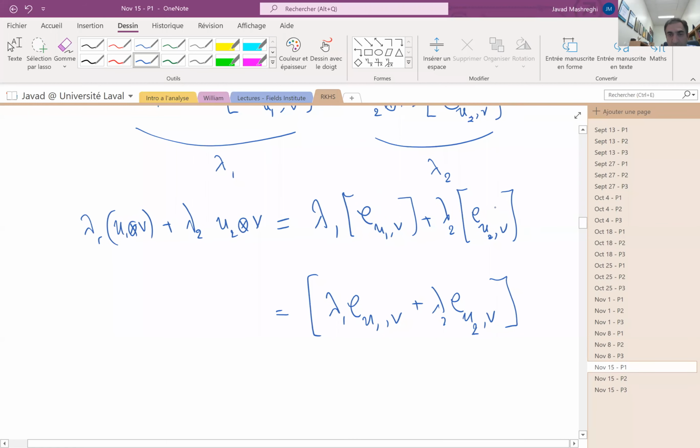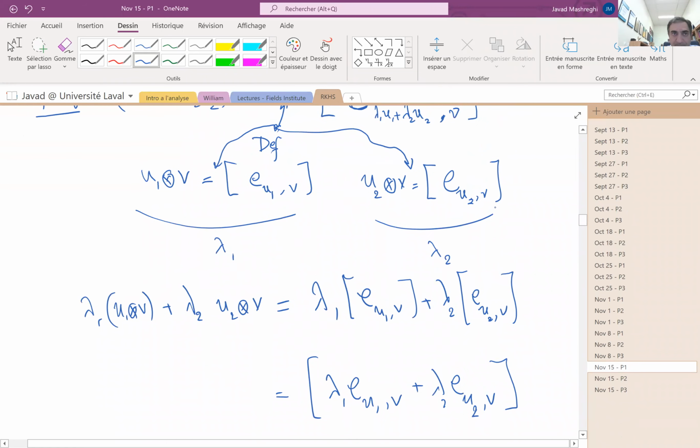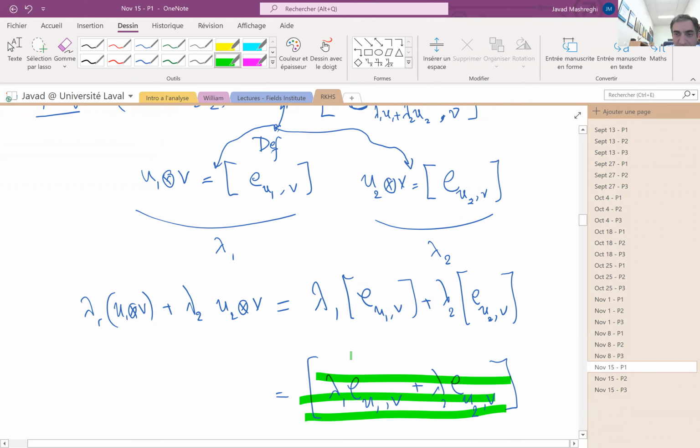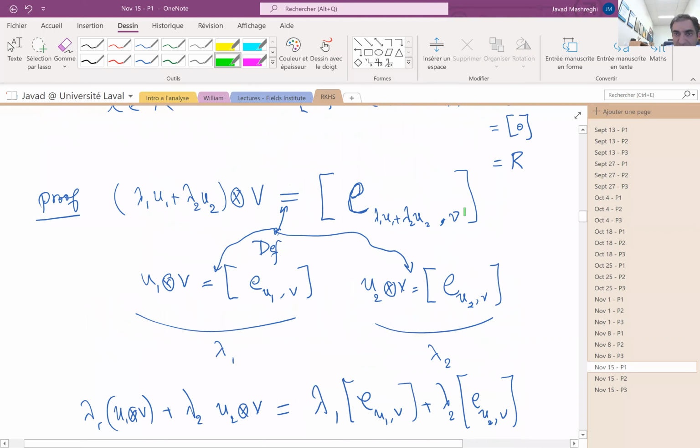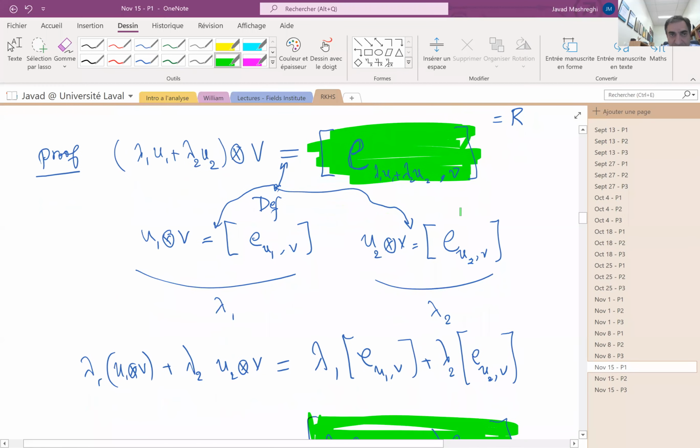And now look at this one. A coset. And look at this. Another coset. What can we say about their difference?